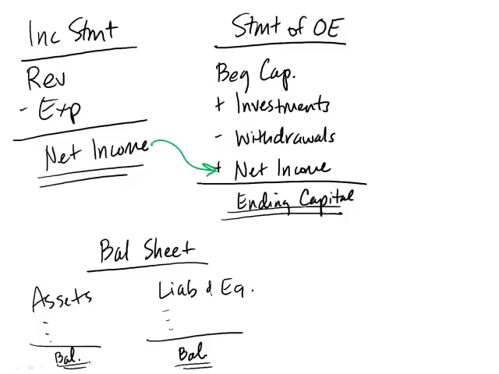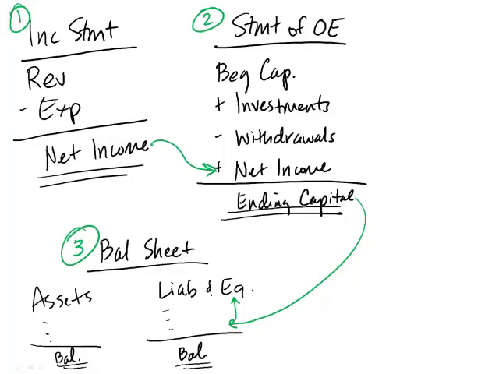That's what we ended up with on our sheet. Where's OE? Owner's equity. The capital flows through down here because we're going to add it in with the liabilities. So again, you got to get the statement of owner's equity right because it flows through to the balance sheet. Also remember, you got to do this one first, this one second, and this one last.